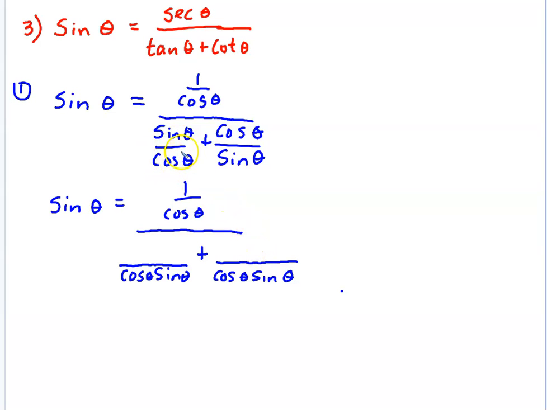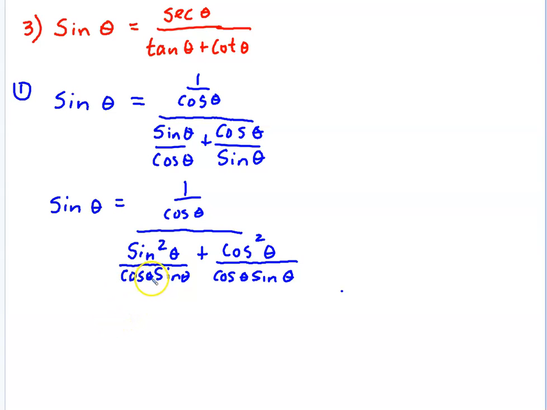Okay, so now when I divide, the cosines will cancel, and I'm left with sine theta times sine theta, so that's going to be sine squared. And over here, you can probably see that that's going to be cosine squared.